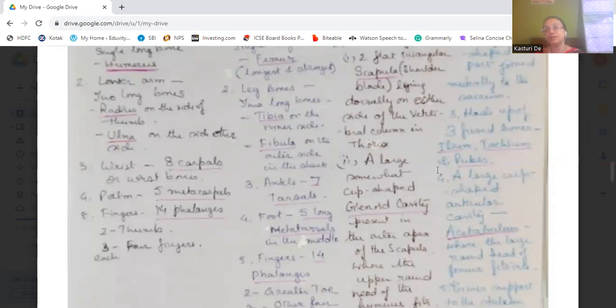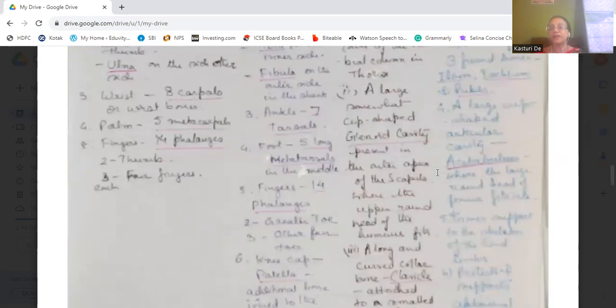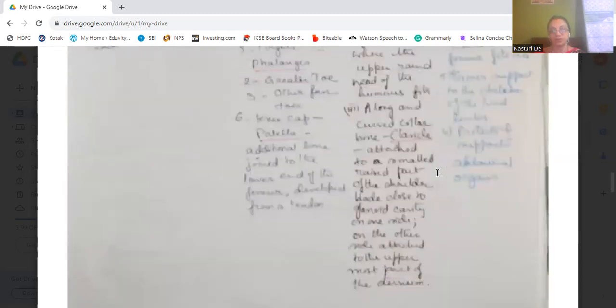Tibia is on the inner side towards the big toe, and fibula is on the outer side in the shank. Then the ankle has 7 tarsals. Foot has 5 long metatarsals, and 14 phalanges: 2 in the greater toe and 3 in the other 4 toes.